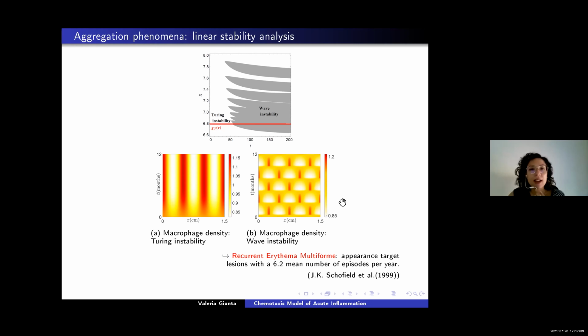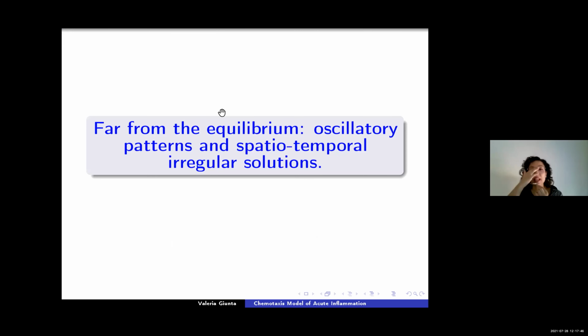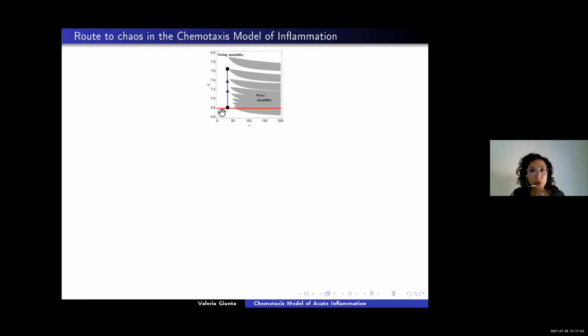After that, we have analyzed the system far from the equilibrium in the Turing instability region, and we have discovered other kinds of patterns. I will show you the results we have obtained by increasing the parameter chi in the Turing instability region.